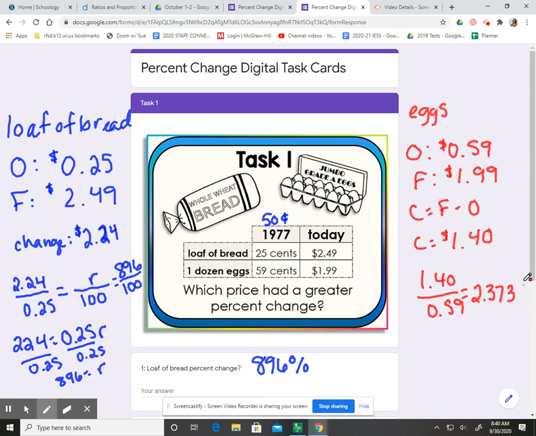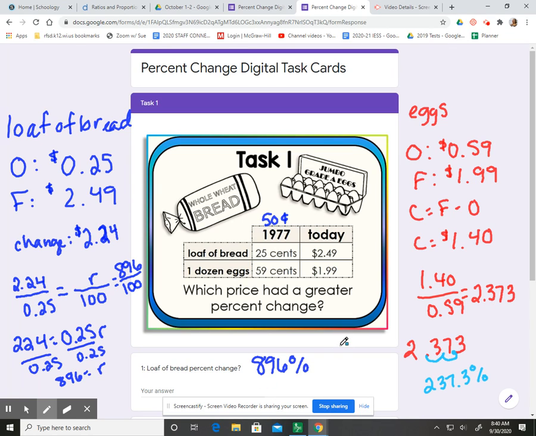This is a decimal, not a percent. To write a decimal as a percent, you move the decimal point to the right 2 places. So our new percent would be 237.3%.